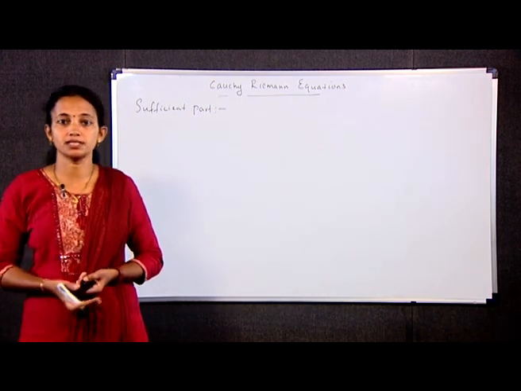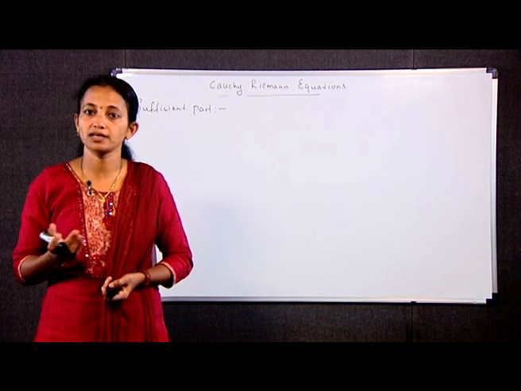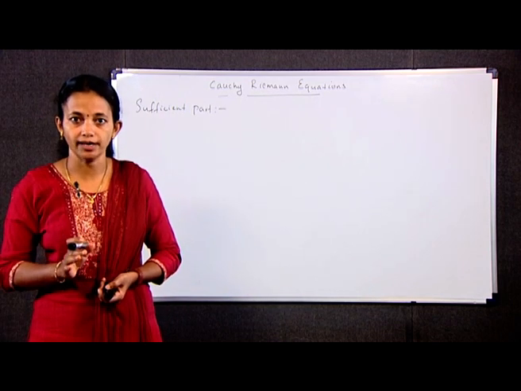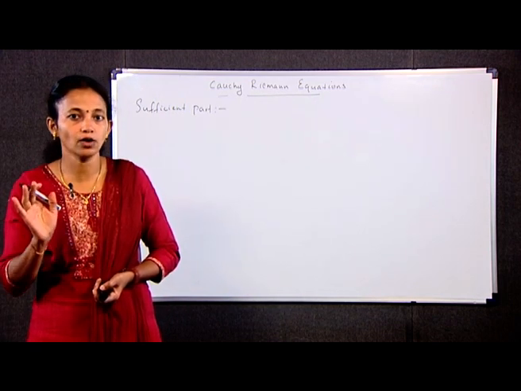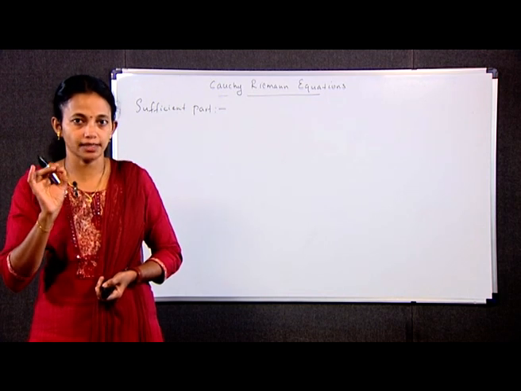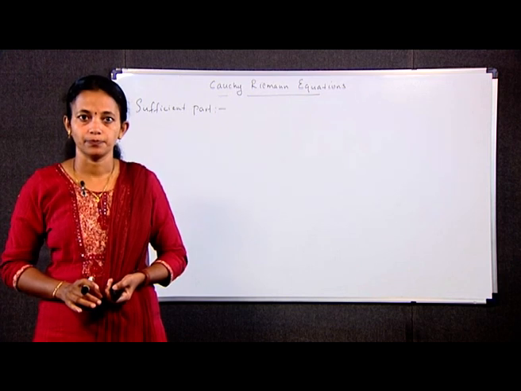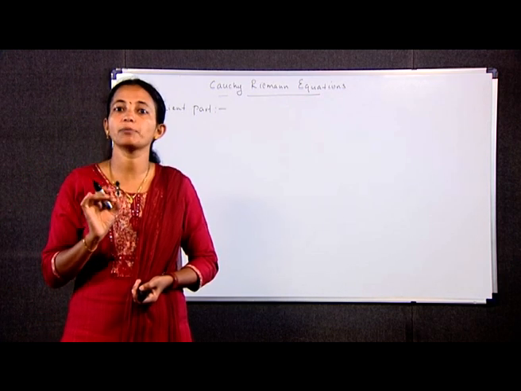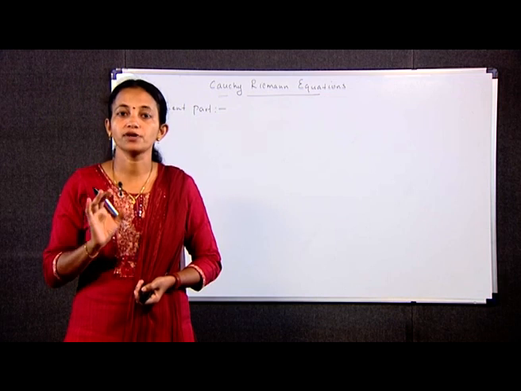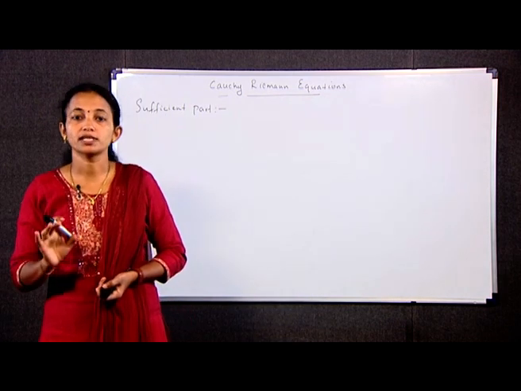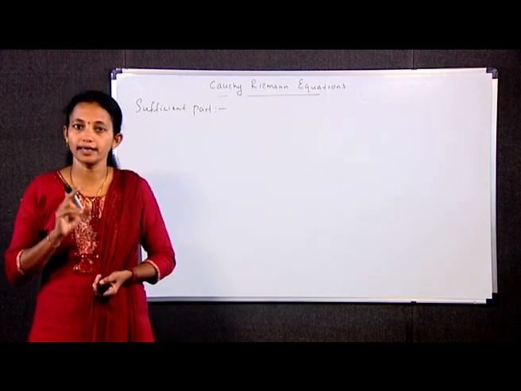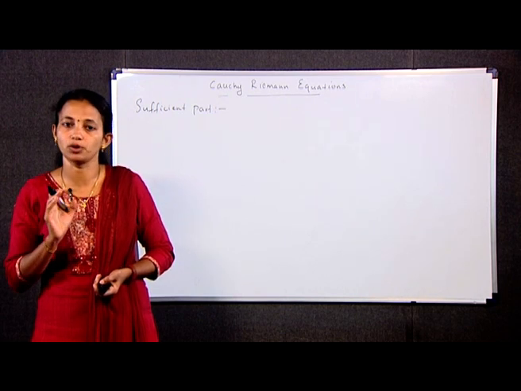Let the function f(z) is equal to u(x,y) plus i v(x,y) be defined throughout some epsilon neighborhood of a point z naught, which is equal to x naught plus i y naught, and suppose that first, the first order partial derivatives of the functions u and v with respect to x and y exist everywhere in that neighborhood.